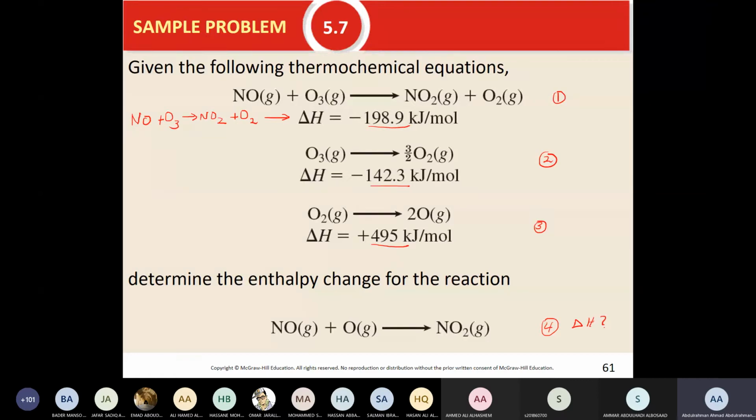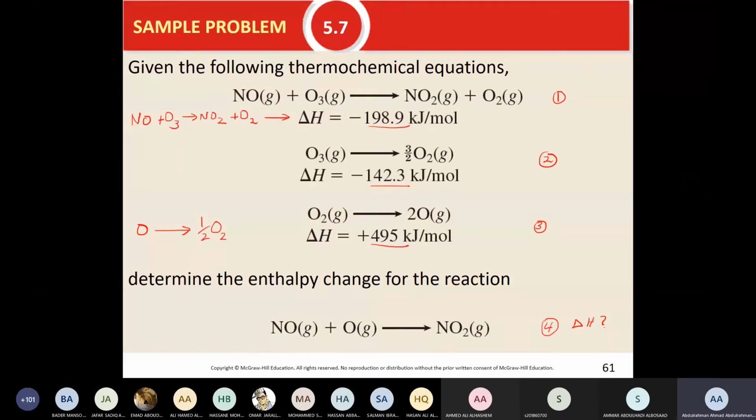For the second one, I will reverse the reaction. Not only will I reverse it, I will also divide it by 2. So reverse it and divide by 2. What's the reaction? O goes to half O2.